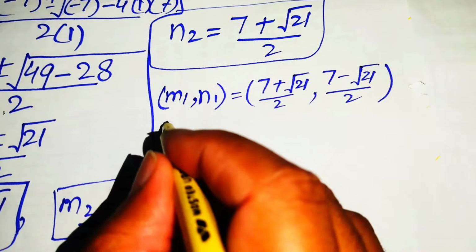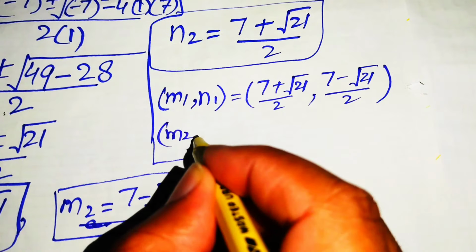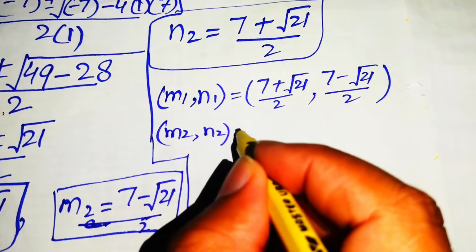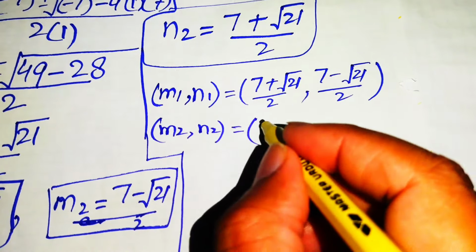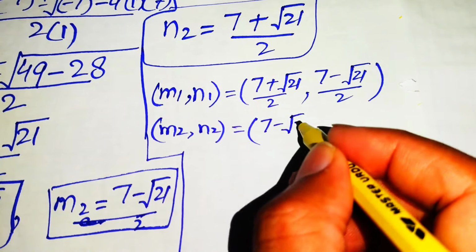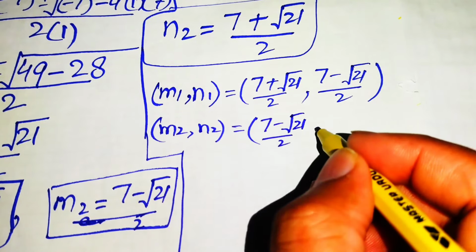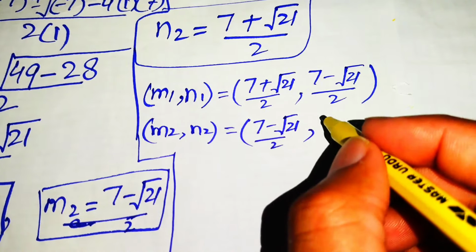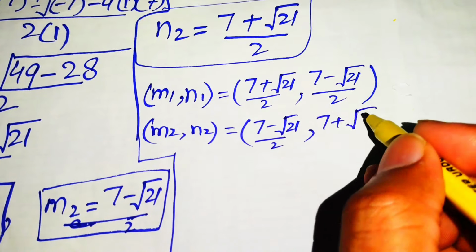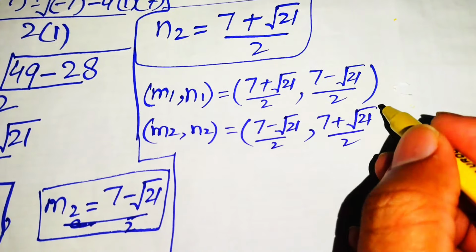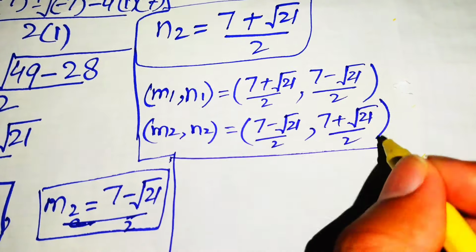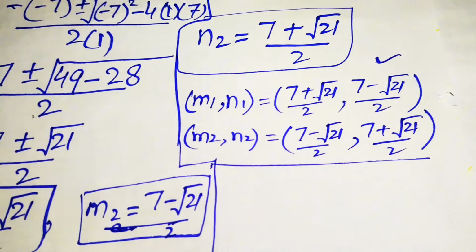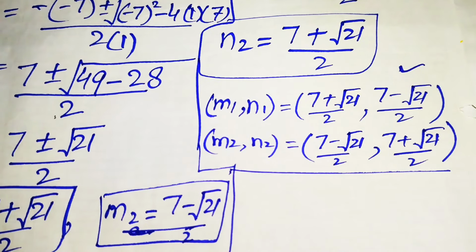The second solution is m2 and n2: m2 is 7 minus square root of 21 over 2, and n2 is 7 plus square root of 21 divided by 2. These are the two solutions of the given problem, and this is the final answer.